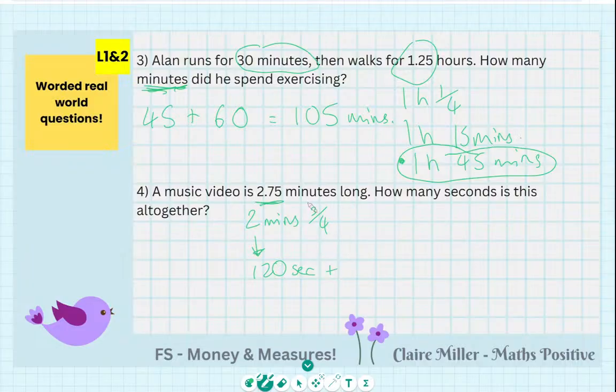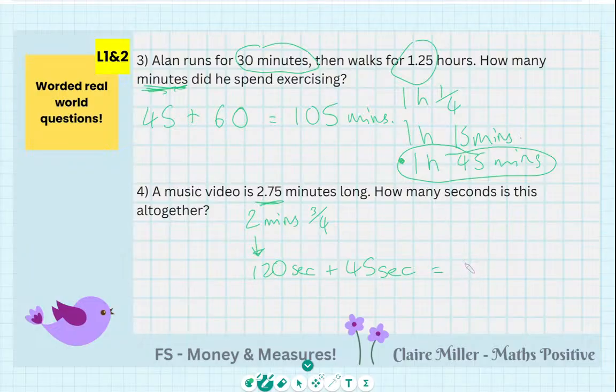And then 3/4 of a minute, a bit like 3/4 of an hour is 45 minutes, 3/4 of a minute is 45 seconds. So if you need to, you can do the same thing with seconds and minutes. So really important that you're confident with hours, but have a little think about seconds and minutes as well, if you'd like to.